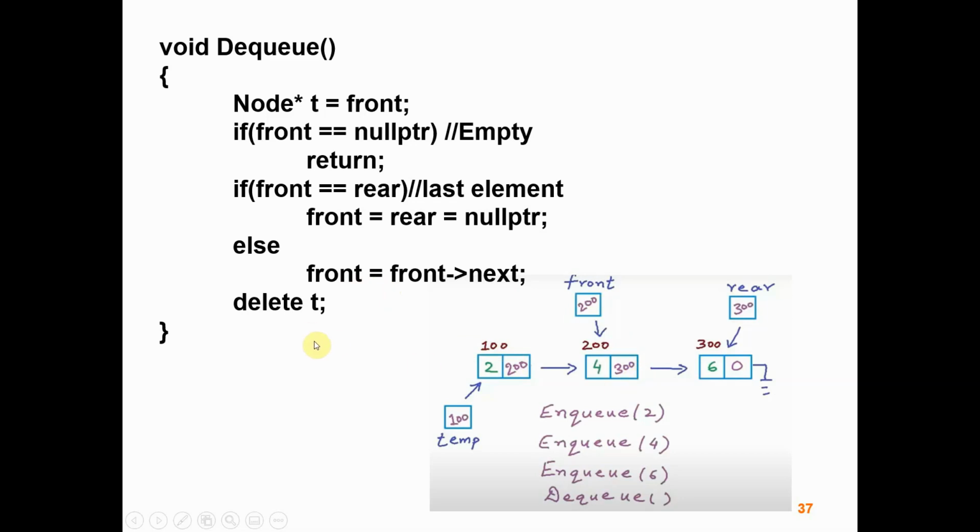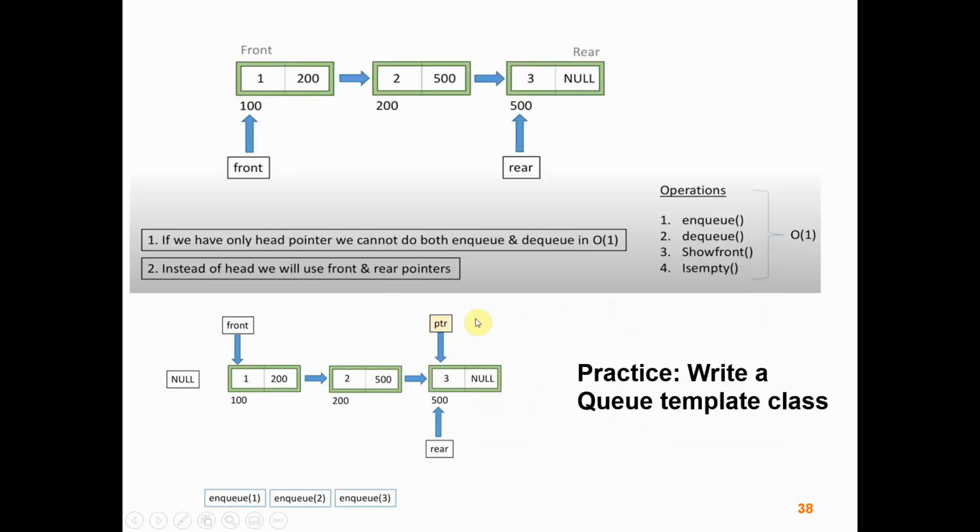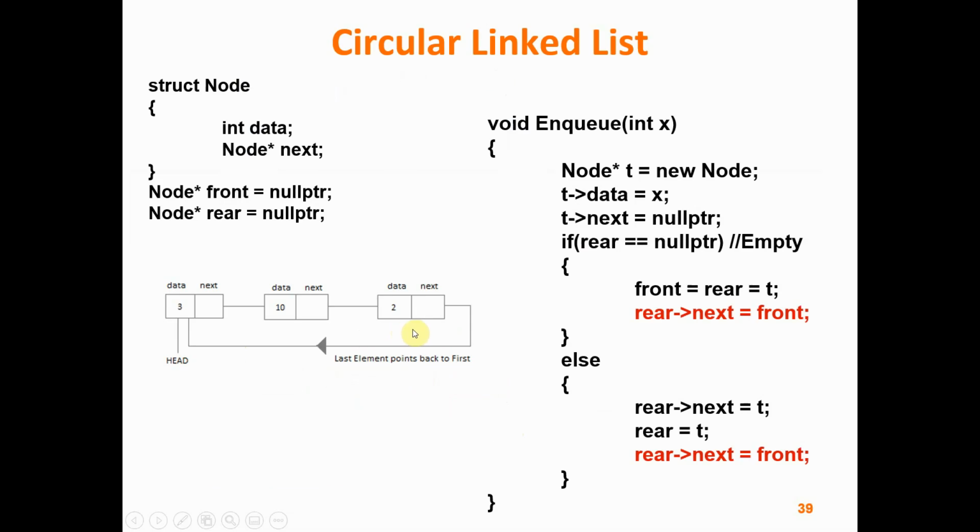In order to not have a memory leak, we have to delete the node that we just passed, and that's why we need a temporary pointer. This is showing you the concept again, front and rear, and how we use a temporary pointer to allocate new nodes, and also to deallocate the nodes that we don't need in the dequeue operation.